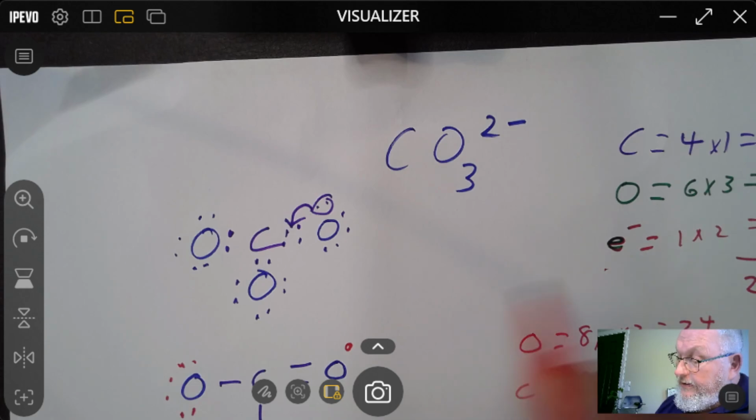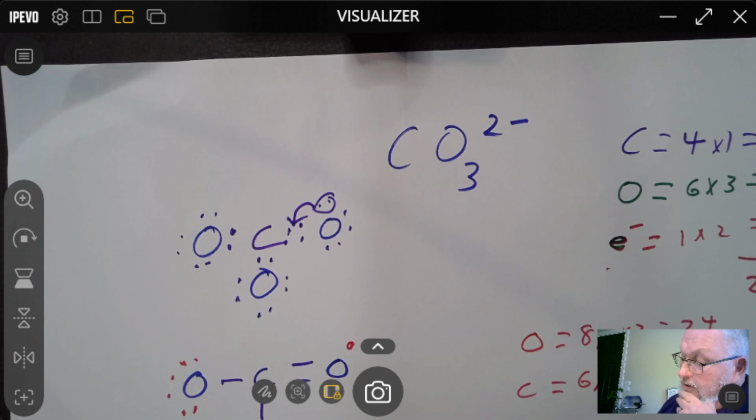And then there's a 2 minus charge to it, so it has 2 extra electrons. 32 total electrons. And if you add all the electrons up, this would have 32 electrons. And this is how we draw the structure. All right. Of course, it would show resonance.